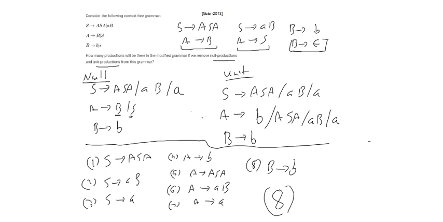So in this question we remove null production and unit production. First we remove null production, because in the sequence they gave null production, then unit production. Then whatever unit productions exist, we remove those also. Then in the resultant grammar we have 8 productions. So that is the answer.